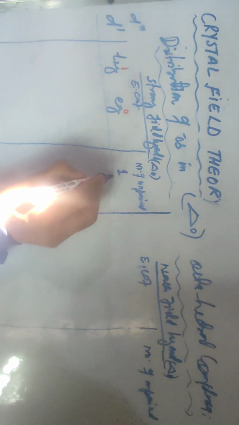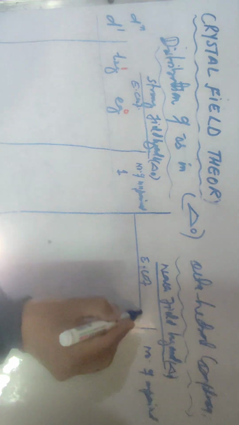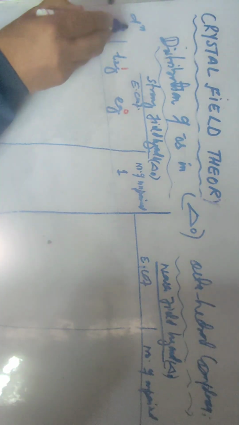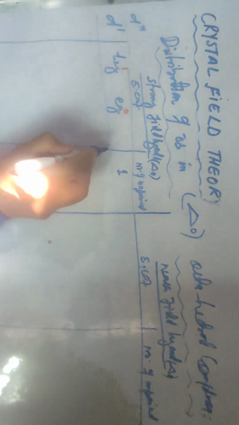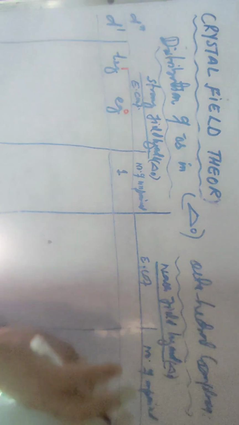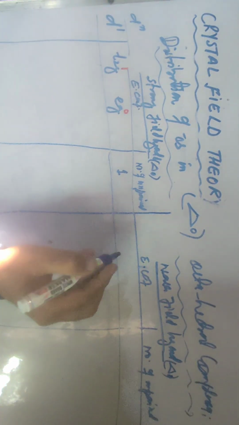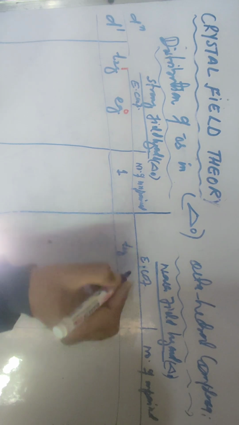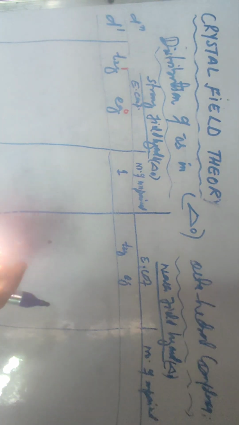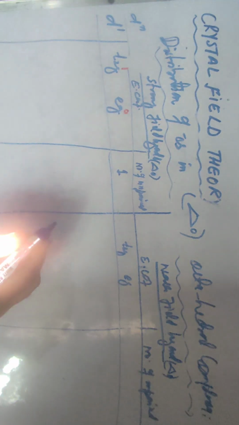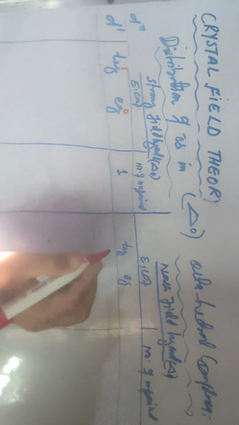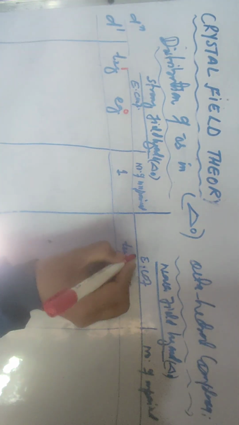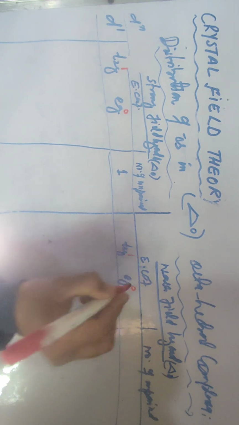Now if it is a d1 ion, what will happen in the case of a weak ligand? Again the electronic configuration: we have t2g and eg sets in this weak field case also. Since we have only one electron, the electron will be here, and again we have 0 here.